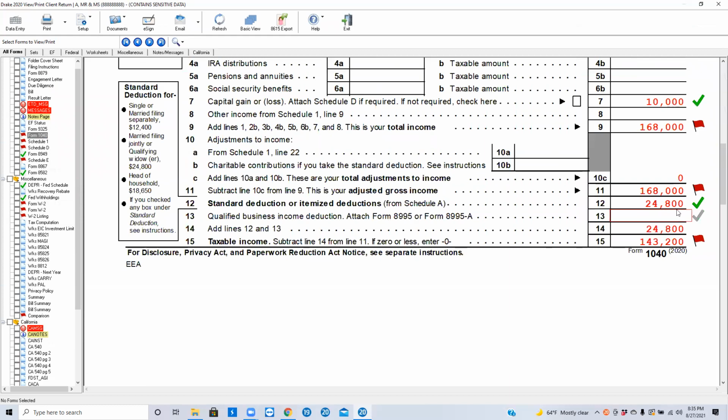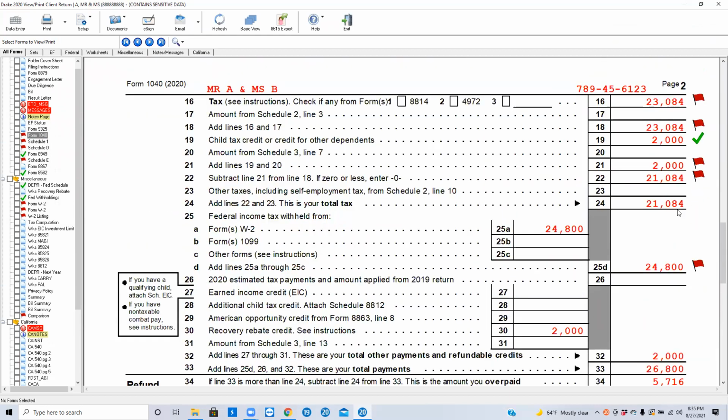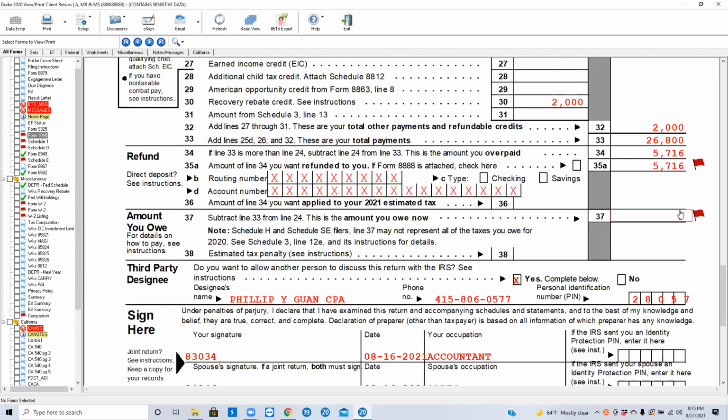And look at the tax. It was only like 360 something refund. Oh my God! Right now it's 5,700. You see it? So it's more than 5,000 of tax that gets deferred to a future year.